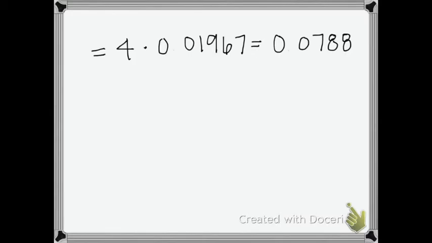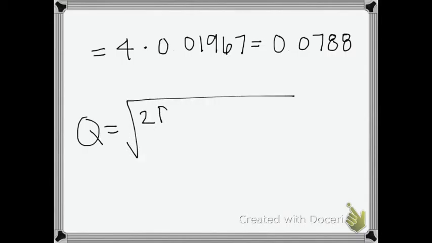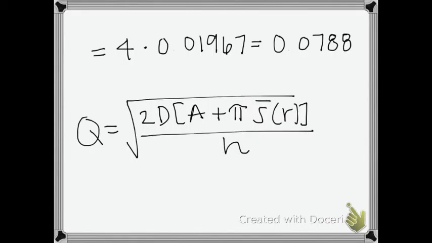From here, we can calculate the optimal order quantity, also known as Q. This is equal to the square root of 2D times (A plus the shortage cost times the expected shortages per cycle) all over the holding costs. Working through this calculation, the optimal order quantity is 423 units.